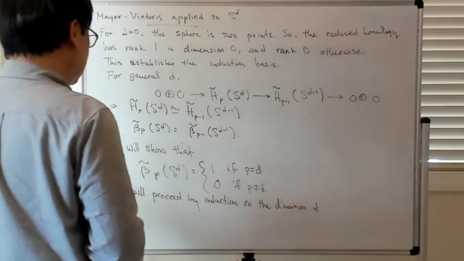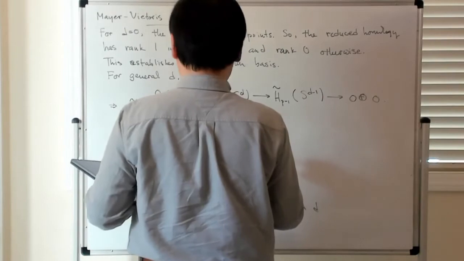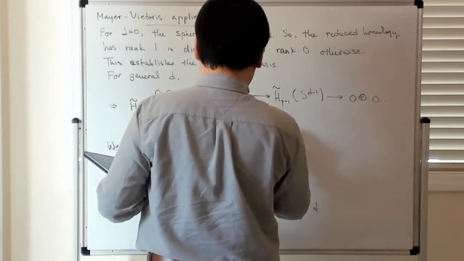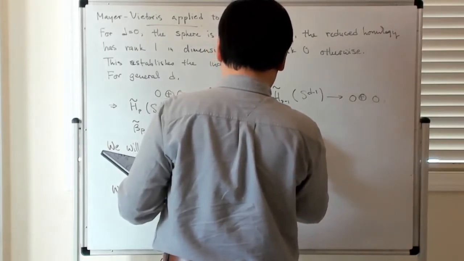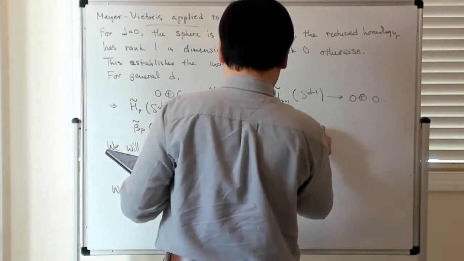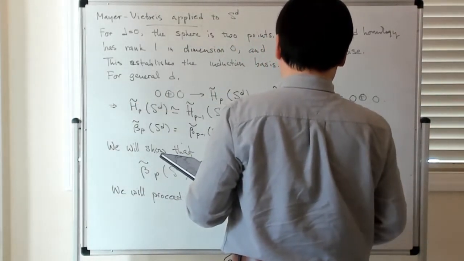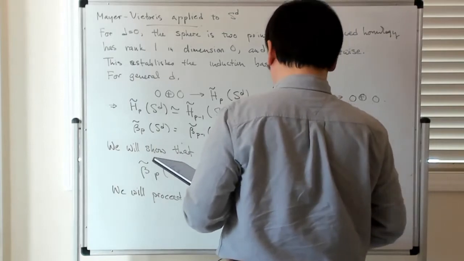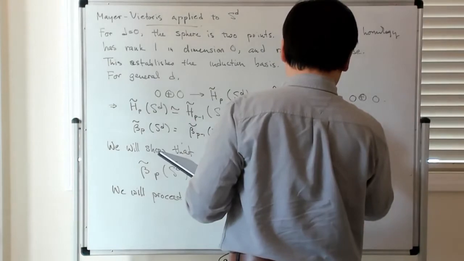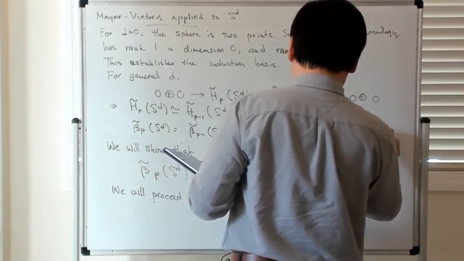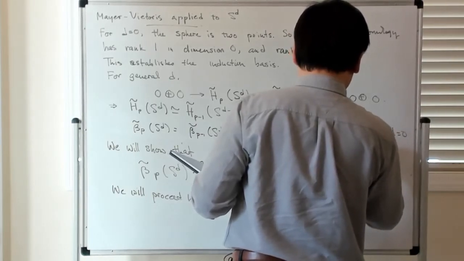And then the point is that you eventually get to beta tilde_(p-d) of S^0, which is equal to 1 if p minus d equals 0 and 0 otherwise.